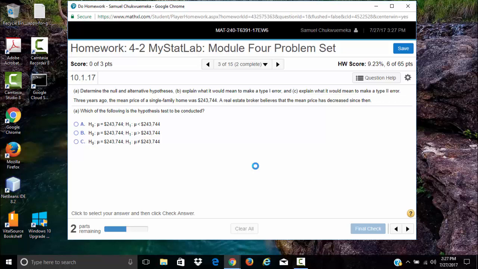A real estate broker believes that mean price has decreased since then. So that's the alternative hypothesis. Remember, the null will always have an equality sign. Okay, and this is population mean. So because the mean price has decreased since then, it has to be the alternative hypothesis, and that decrease is that less than here. Okay, so it's A.